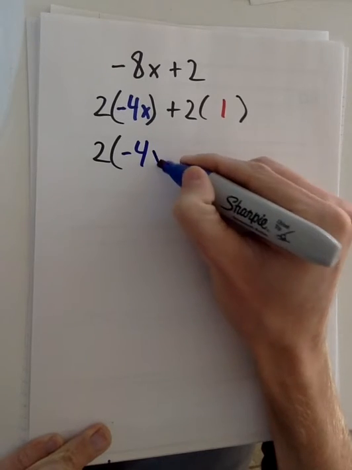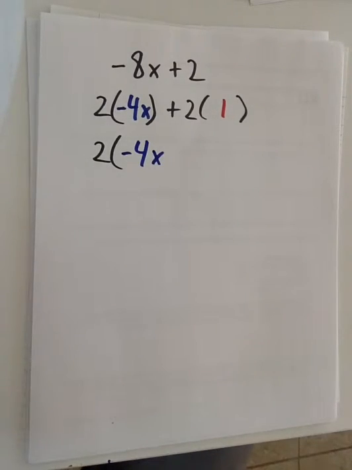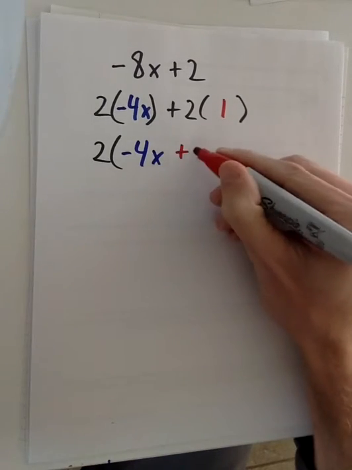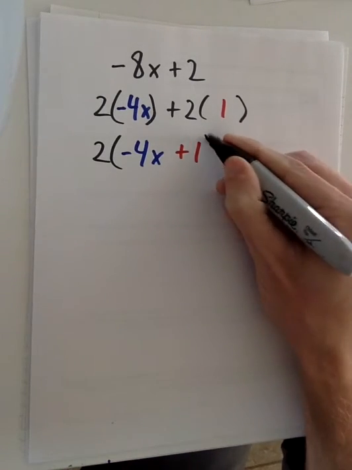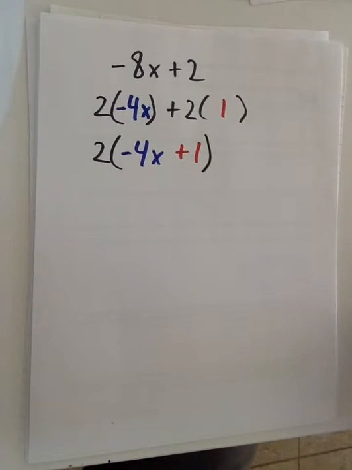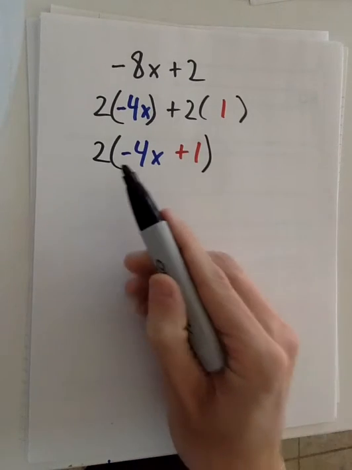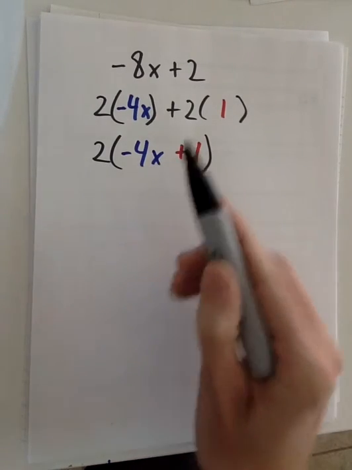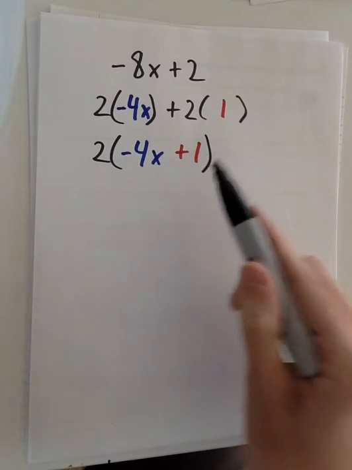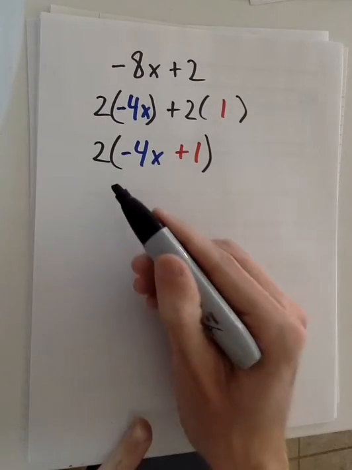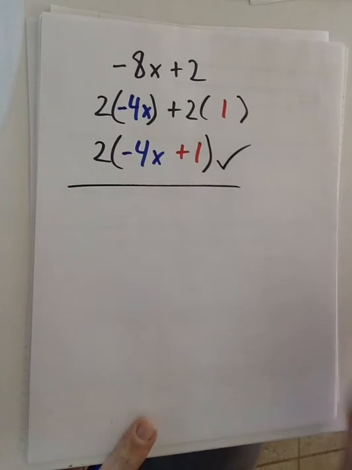Negative 4x and plus 1. Okay, now we have factored it. We can always double check by saying, is 2 times negative 4x negative 8x? It is. And is 2 times 1, 2? It is. So there we go.